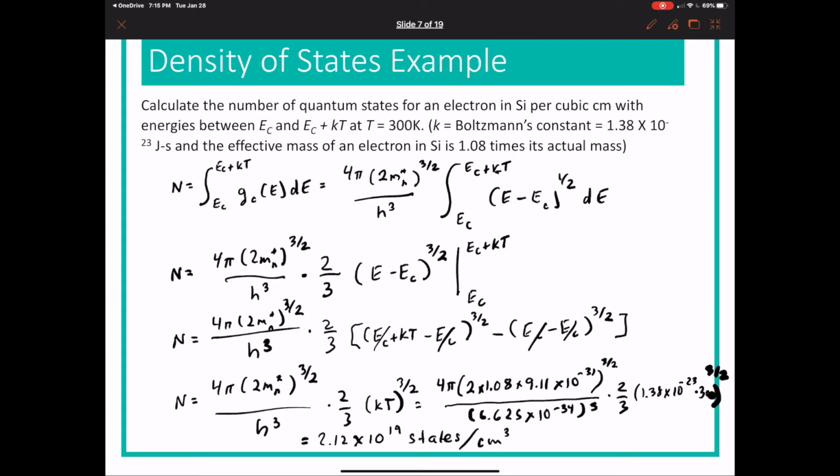So that's half of it. This is how we can figure out how many slots there are. The other thing we need to figure out is how likely it is that there's going to be an electron available at that particular energy level. And that is determined by something known as statistical mechanics.